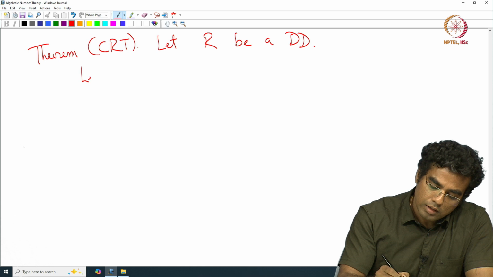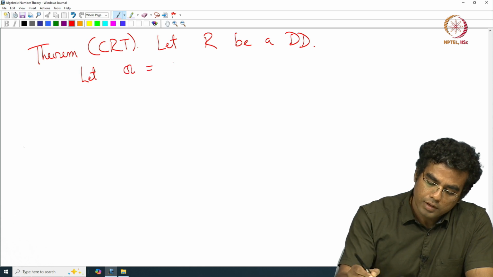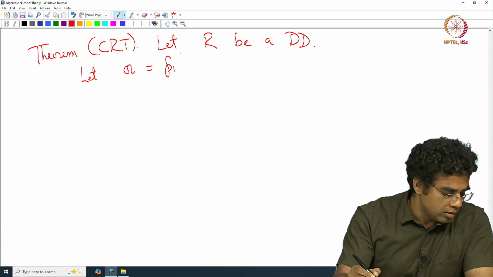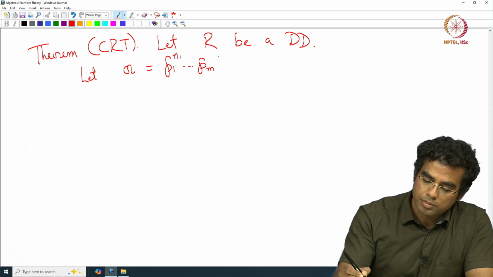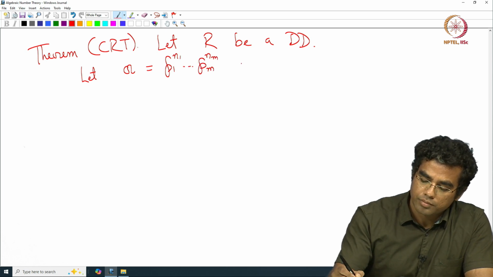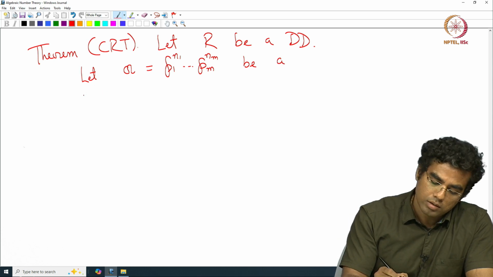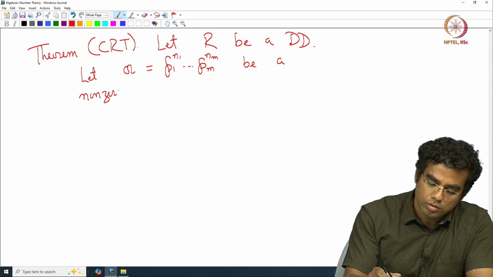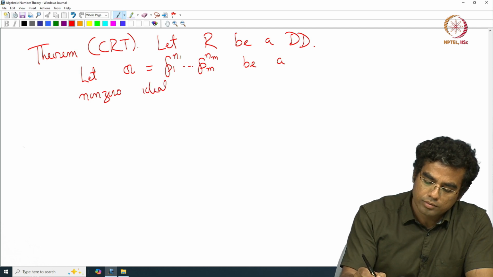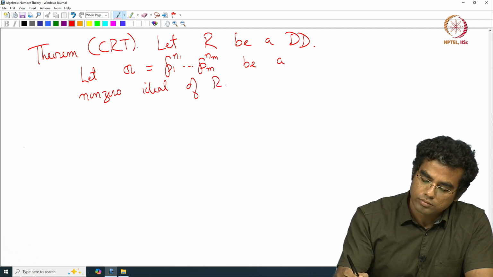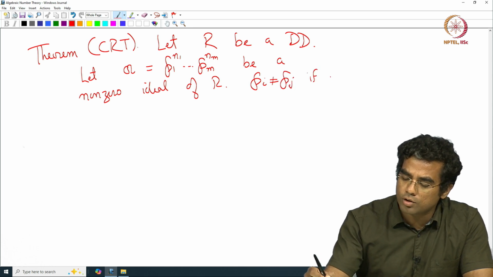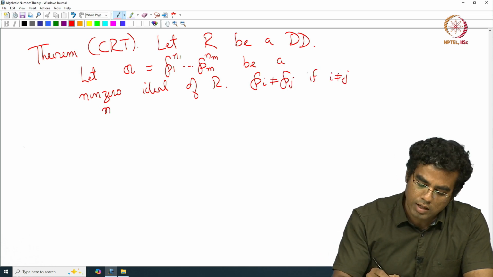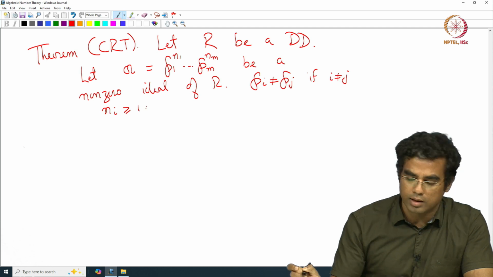Let A, which is P1 to the N1 up to Pm to the Nm, be a non-zero ideal of R, okay, and Pi is not equal to Pj if i is not equal to j, right, and Ni is greater than or equal to 1.